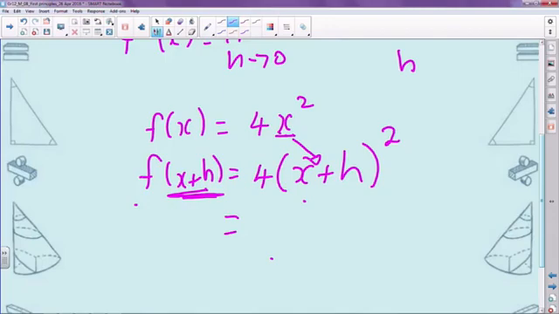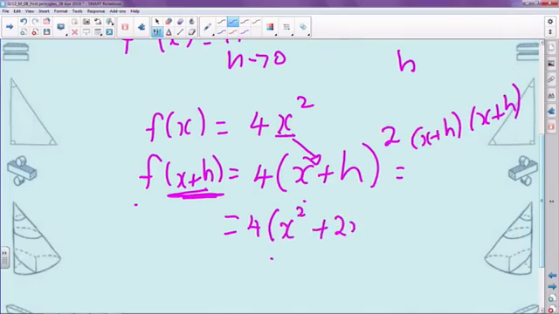Okay, and then what you can do is first simplify that expression. So x plus h squared, that's the same as saying x plus h times x plus h. So we're squaring that binomial, we get x squared plus 2xh plus h squared, and that's just by finding the product of x plus h times x plus h.